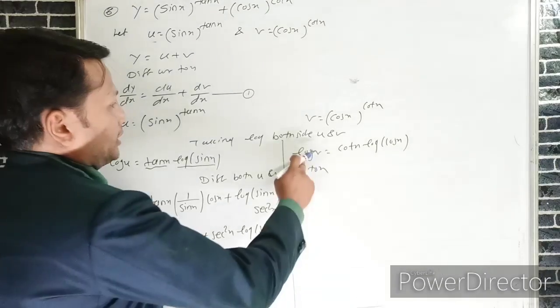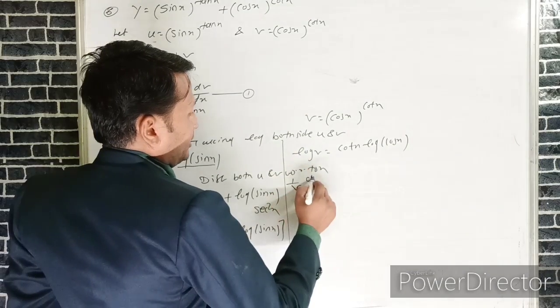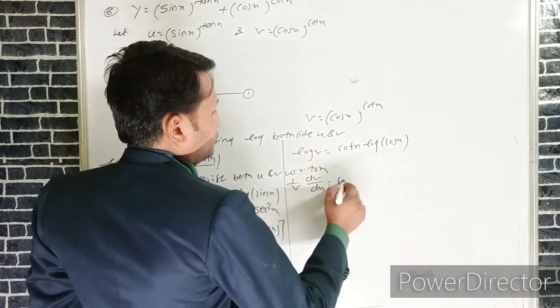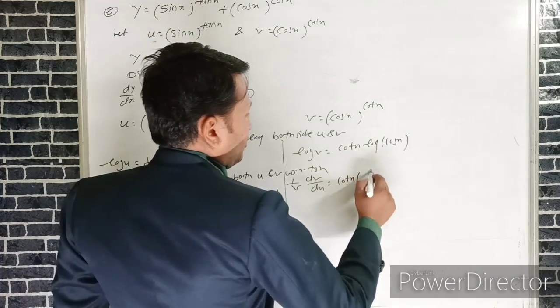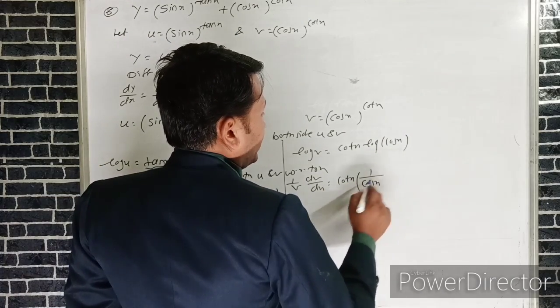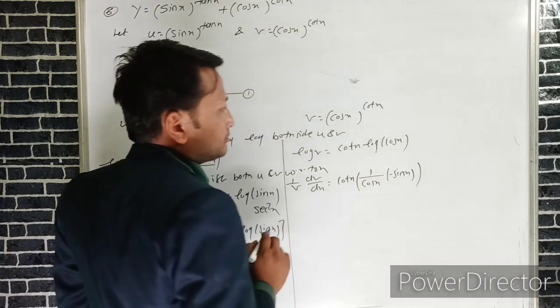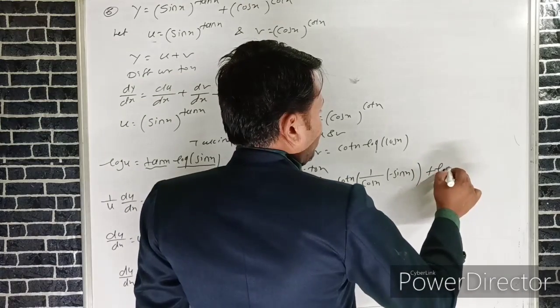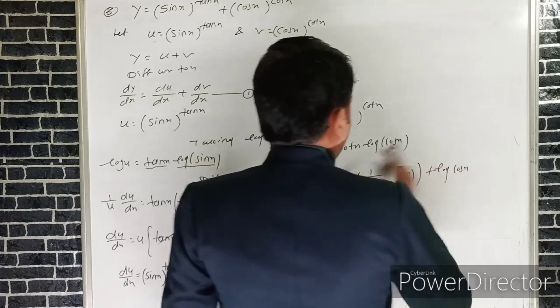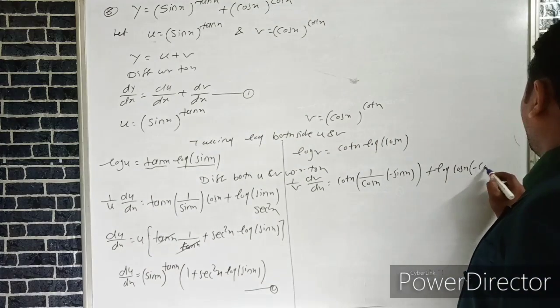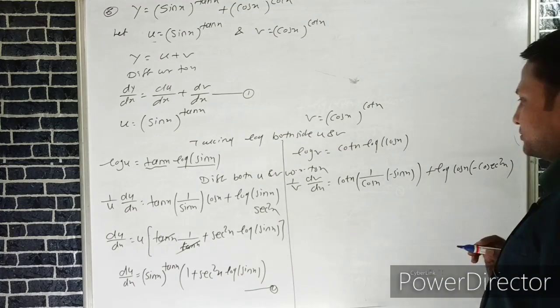If we differentiate log v, we get 1 by v dv upon dx is equal to cot x into the derivative of log of cos x, which is 1 upon cos x into the derivative of cos x, which is minus sin x, plus log of cos x as it is into the derivative of cot x, which is minus cosec square x.